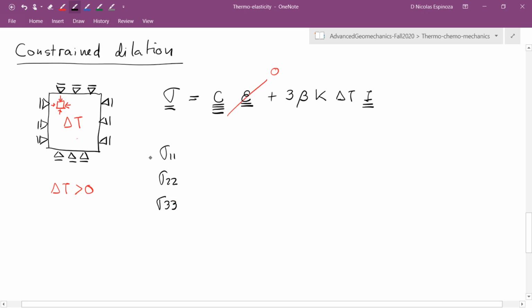I'm just going to have normal stresses, and in this case, these are going to be sigma 11, sigma 22, and sigma 33, and all of those are going to be the same for an isotropic solid and are going to be equal to 3 beta K delta T, or theta, as we called it before. It's the same thing.